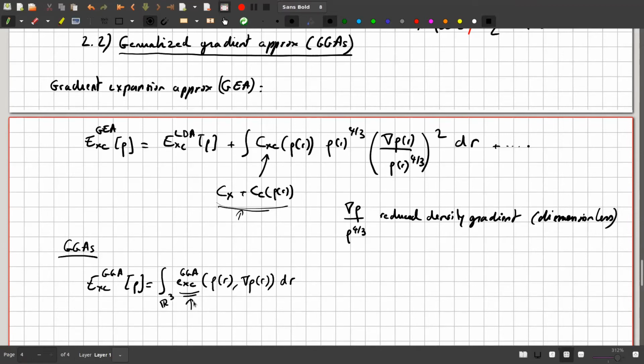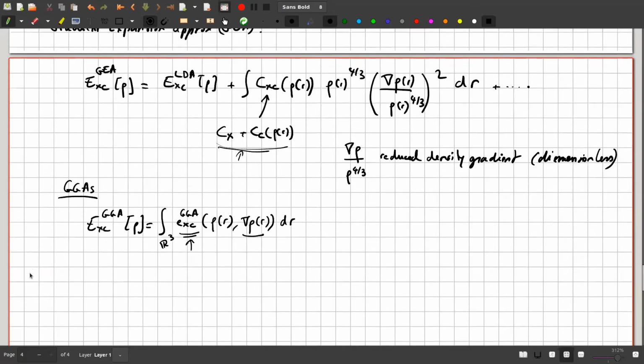Okay. So this belongs to the so-called semi-local approximation because the gradient of the density introduces, in some sense, semi-local information with respect to the density at point r. It is usually a big improvement over the LDA for molecular systems.